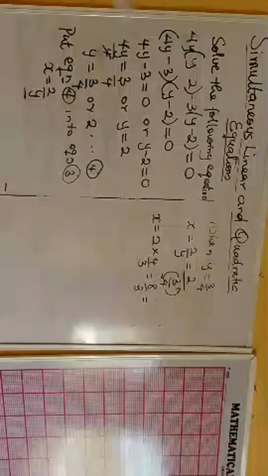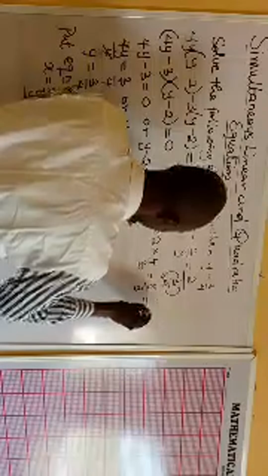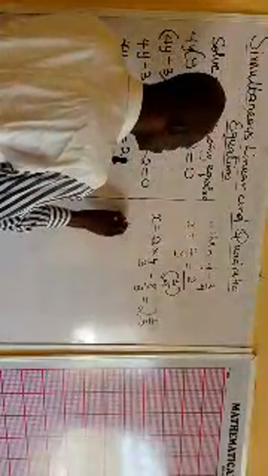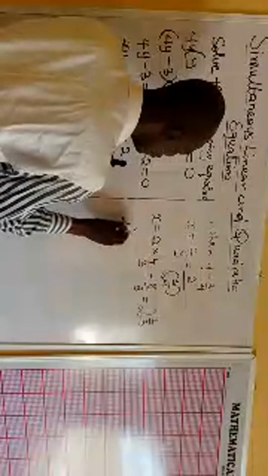So how many times can 3 go into 8? 2, what remains is 2 over 3. So in coordinate geometry, we write the value of x comma y. We write the value of x before you write the value of y. So what is x there? Is 2 whole number, 2 over 3, comma, what is y there? Is 3 over 4.